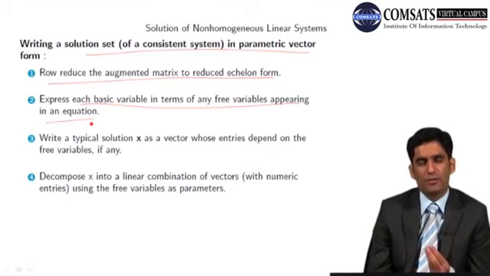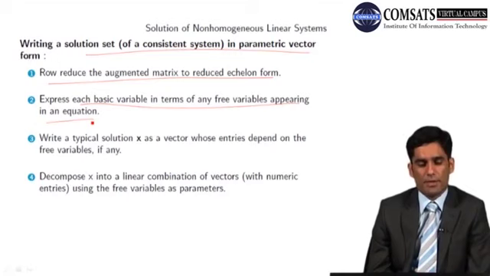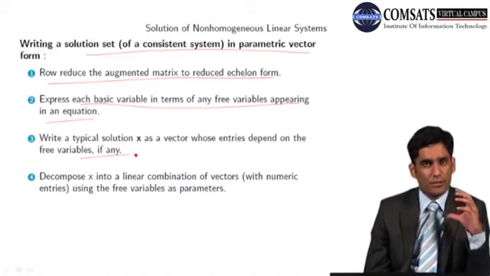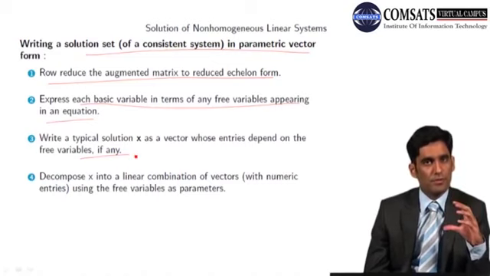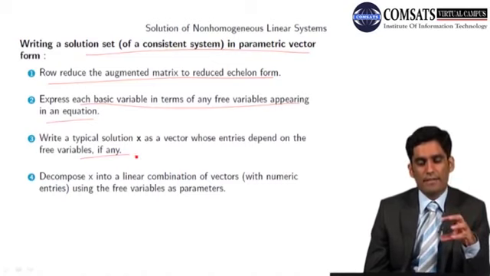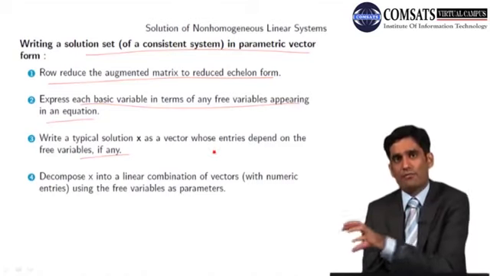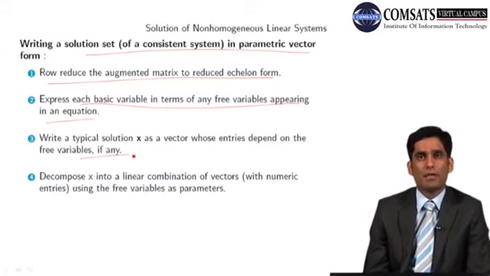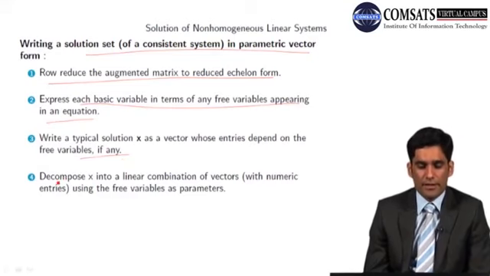यही exactly चीज थी जो हम पिछली examples में करते हैं. Write a typical solution x as a vector whose entries depend on the free variables, if any. If there is any free variable, we will write down the solution set of the non-homogeneous system of linear equations as multiples of the free variables and some vectors. वो vectors जो हैं मैंने आपको सिखाए हैं previous examples में, और next example भी हम करेंगे जिसमें vectors हमने निकालने होंगे.